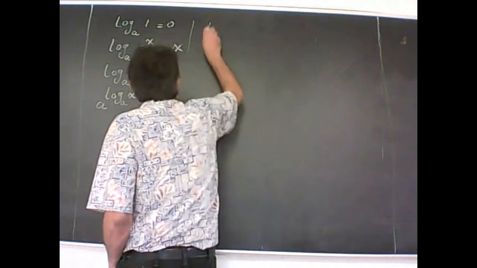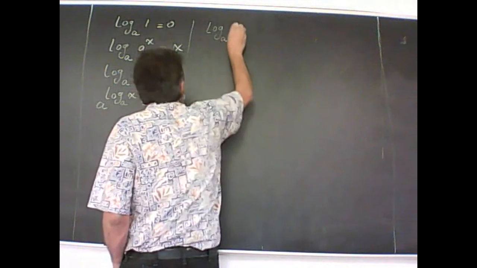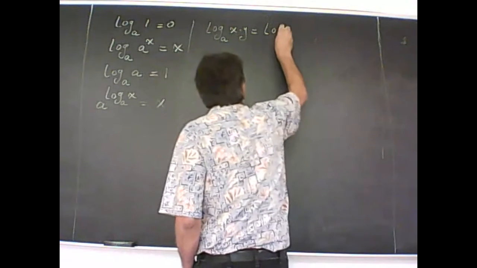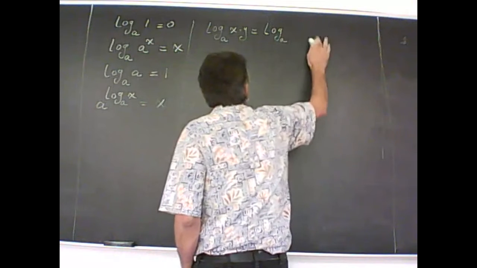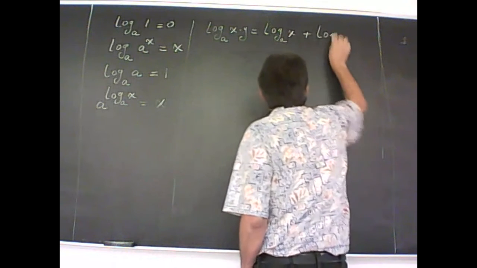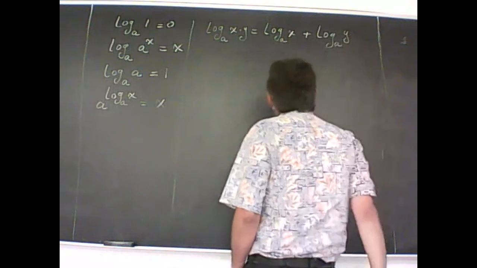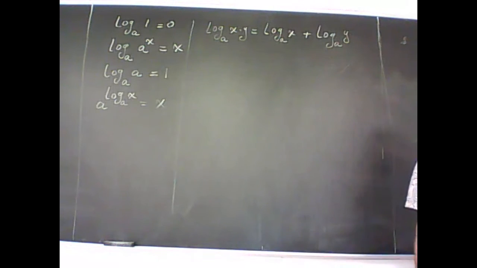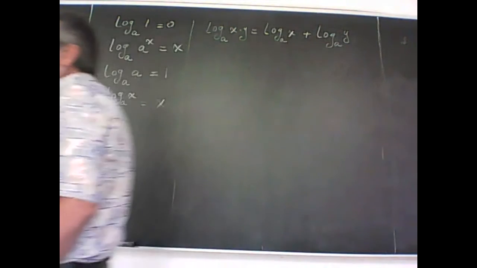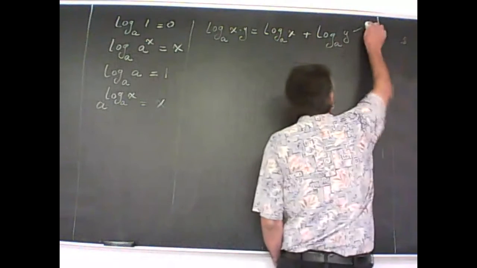Rule number 1, log base a of x times y equals log base a of x plus log base a of y. This is called the product rule of the log. So this is the first one.